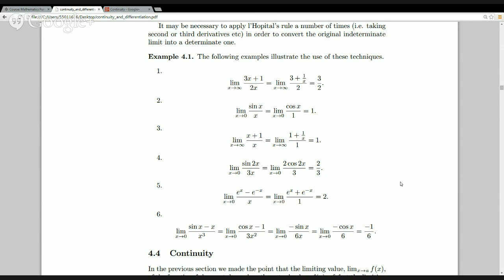Here's quite a well-known result, quite a famous result, or quite an important result for the development of a lot of results in calculus. And we can appreciate it at the moment by seeing it as an application of L'Hopital's rule. But that's not really how we should see it.